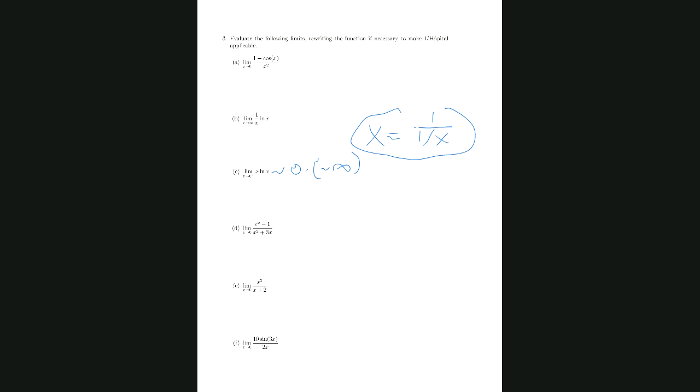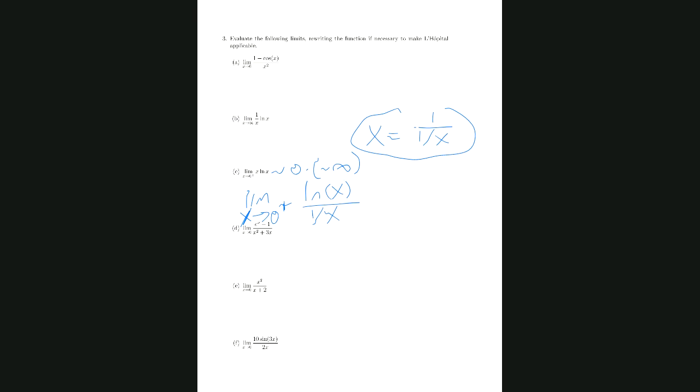So this will become the limit as x approaches 0 from the right of ln x over 1 over x. All right.